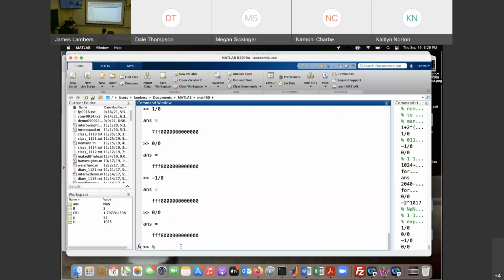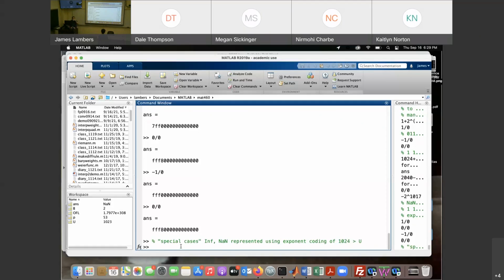So special cases like int and NaN are represented using an exponent coding of 1024, which is greater than the allowed maximum. That way, there's no way of mixing actual numbers with these special numbers. So I made a mistake earlier in how I translated it.